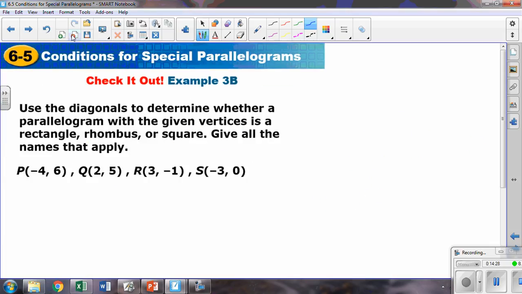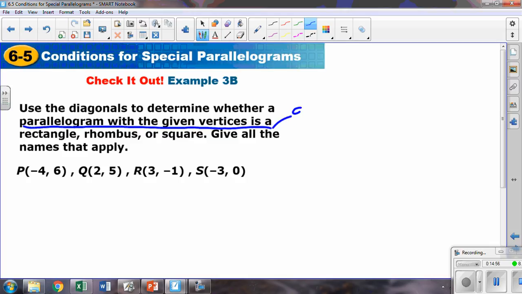And then here's our last problem, though admittedly it's a long one. Use the diagonals to determine if this thing is a rectangle, a rhombus, or a square. Okay, so here's our challenge. We're going to start by noting the directions here, a parallelogram with these vertices.